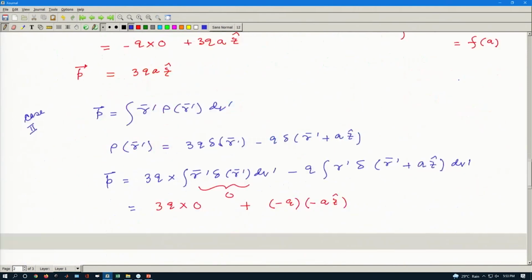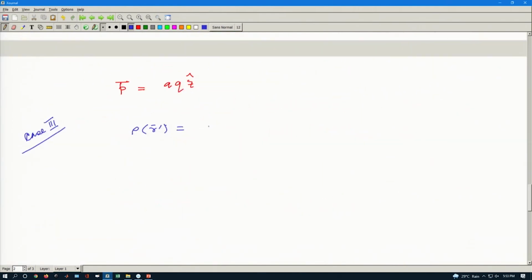So, I simply have minus q delta r prime because it is sitting at the origin, and 3q delta r prime minus a y unit vector.